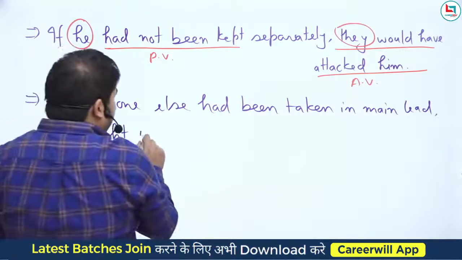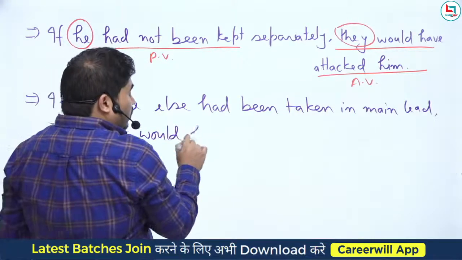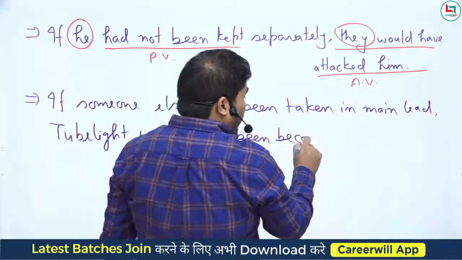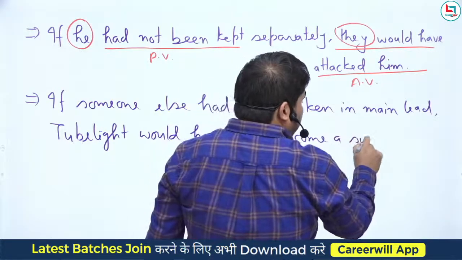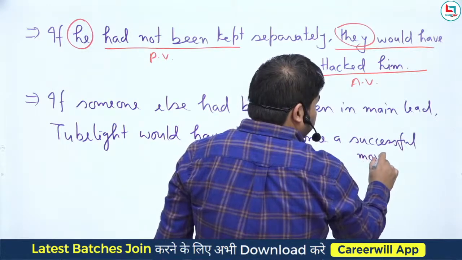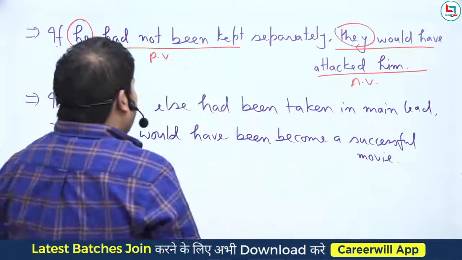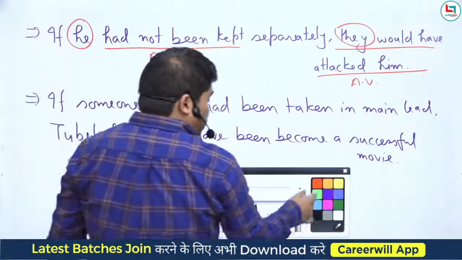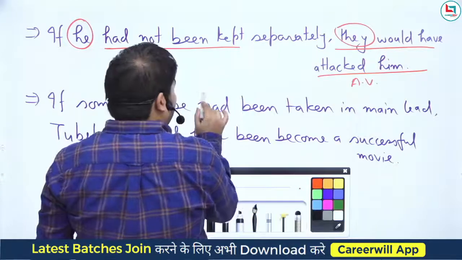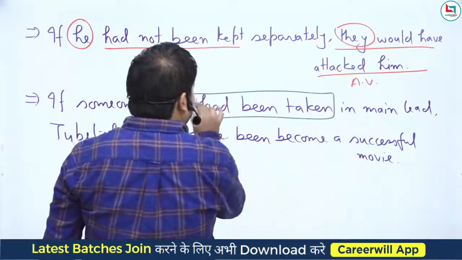तो Tubelight would have been a successful movie. Now what you see in this particular sentence, here both the clauses, had been taken, are written in passive voice.